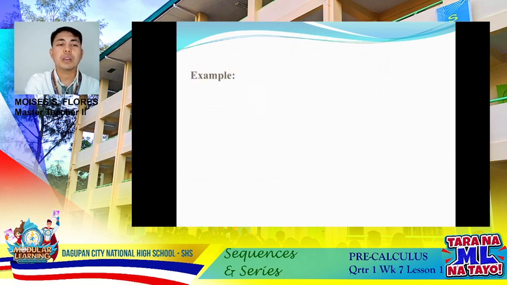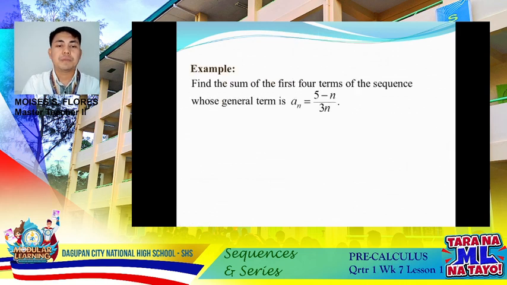Now another example. Find the sum of the first 4 terms of the sequence whose general term is a sub n equals 5 minus n all over 3n. First 4 terms. If we are going to represent that, there you have it.